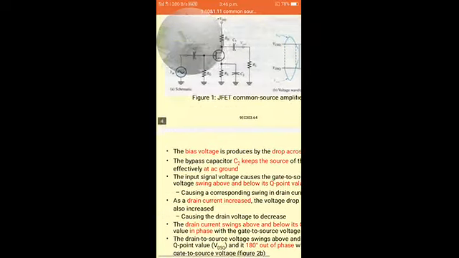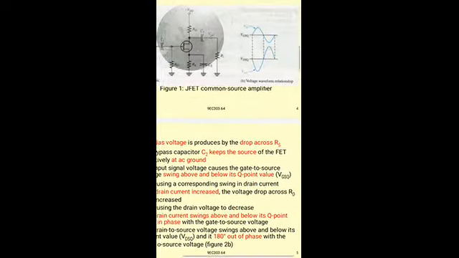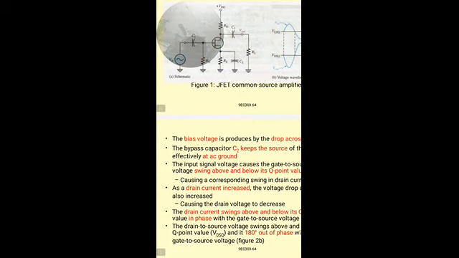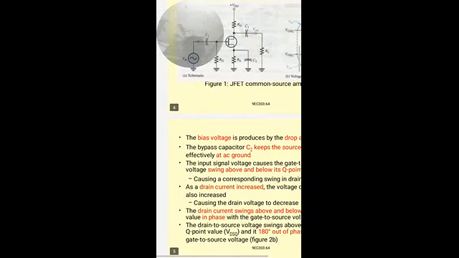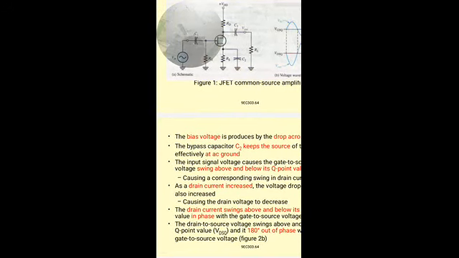This is the drop the bias voltage produces across the RS. The bypass capacitor C2 keeps the source of the JFET effectively at AC ground.